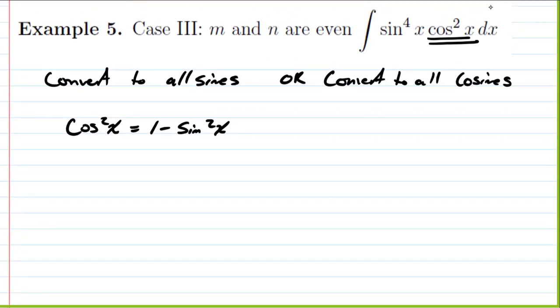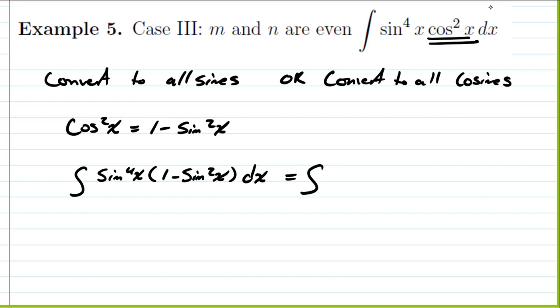So then that would give us the integral sine to the 4th x times 1 minus sine squared x dx. Distributing, we would get sine to the 4th x minus sine to the 6th x dx.